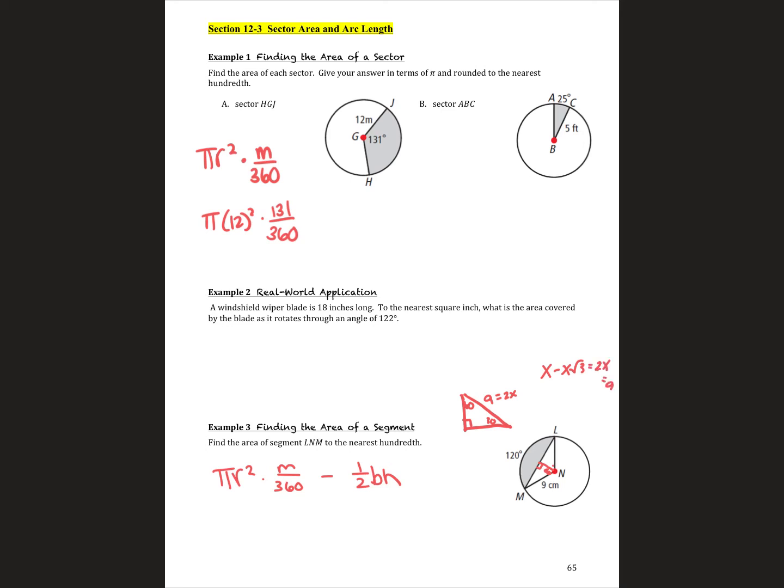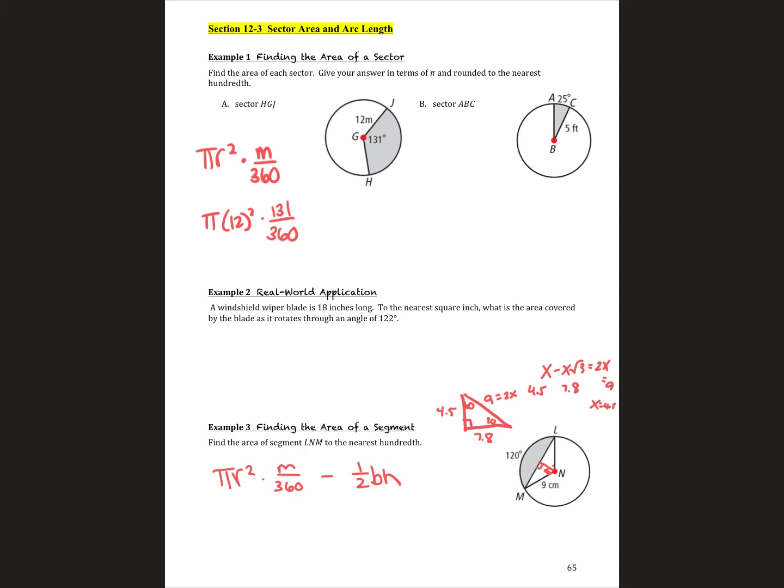So 2x is 9, so that makes x 4.5, so this is 4.5, and the other one's 4.5 times radical 3, which is like 7.8. So we have 7.8 is across from 60, across from 30 is 4.5.